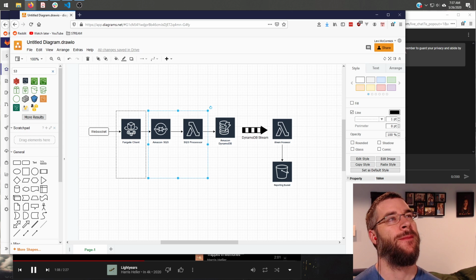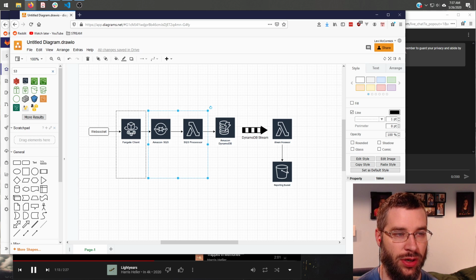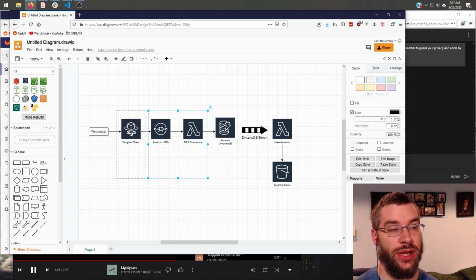So dependencies between stacks can be challenging to navigate. So whenever you have tight dependencies, it's really nice to deploy those things in the same stack.